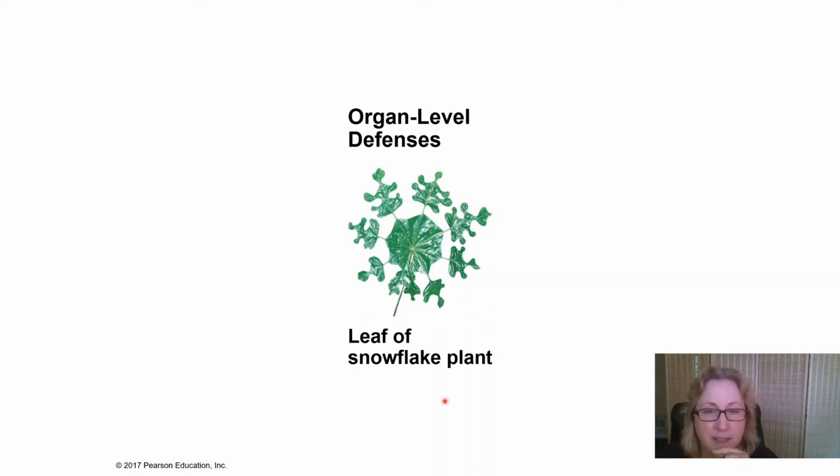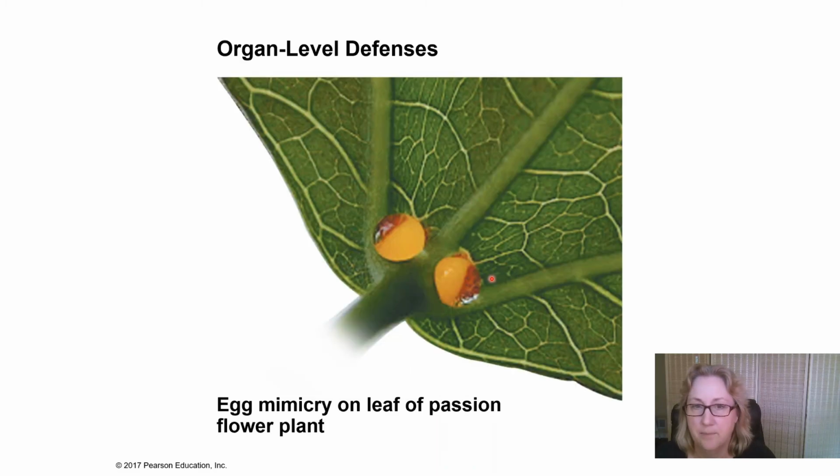This is a leaf from a plant called a snowflake plant because its leaves sort of look like snowflakes, and this is to deter herbivores because they look at this and they think it's already been eaten. It's designed not to look appetizing to them.